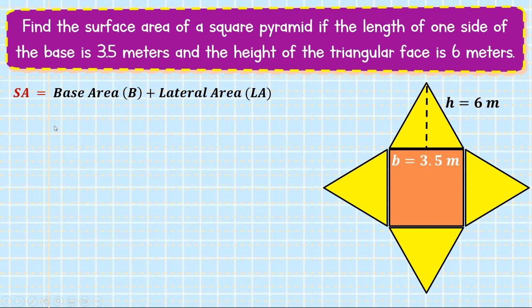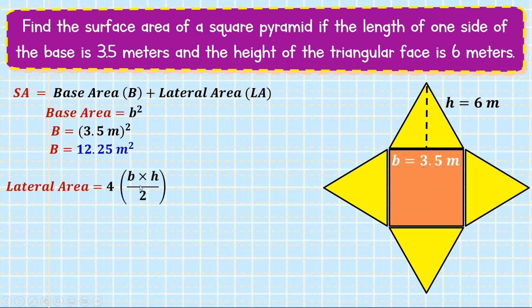To find the surface area, we find the area of the base plus the lateral area. The area of the base is b squared, substituting the value of the base, 3.5 raised to the power of 2. So 3.5 times 3.5, the answer is 12.25 square meters. This would be the area of the base.